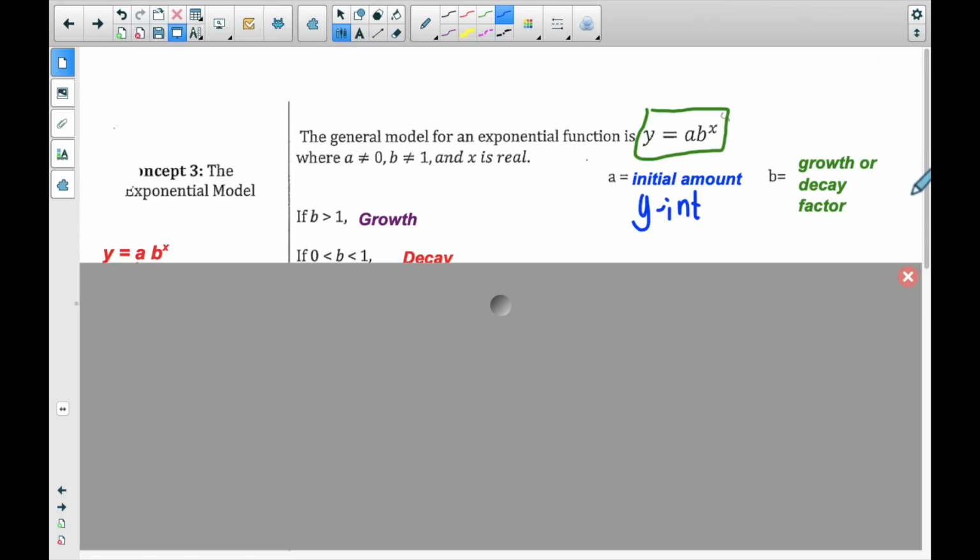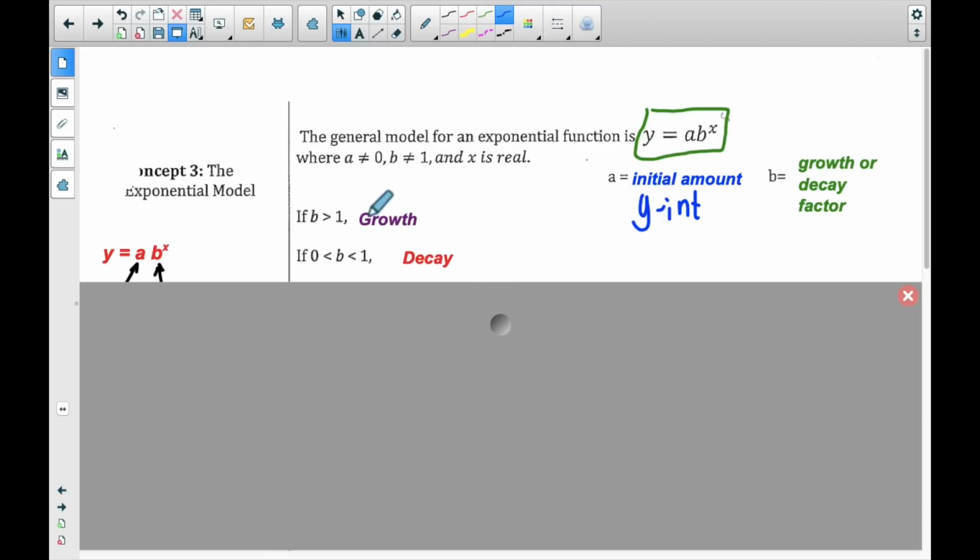We'll get into some examples of what that means. So right now, just realize that that tells you if it is going to be growing or decaying. And what we have is that b, the number that is being taken to a power. Maybe another thing to remember, order of operations says that we do exponents before we multiply.